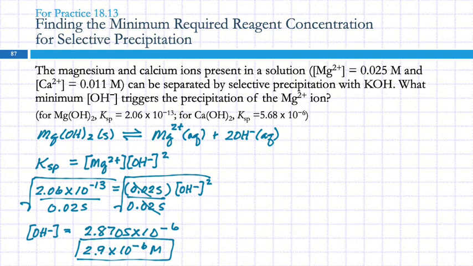So what they're asking us is, what is the minimum concentration where we're just going to start getting the magnesium to precipitate? That point is the equilibrium value for this equation. What we're looking for here is where Q is equal to KSP. When we go higher in these concentrations, then Q gets bigger than KSP and precipitation happens.